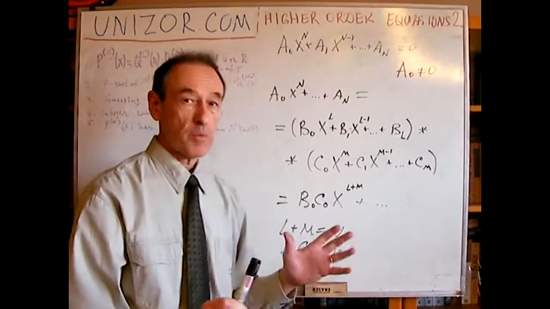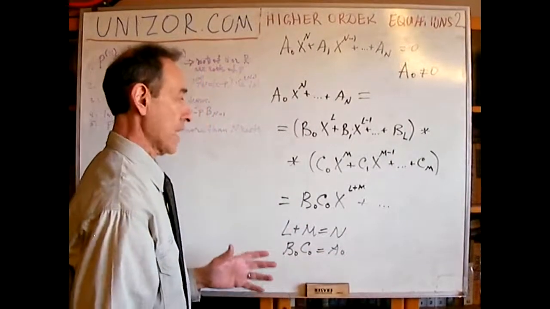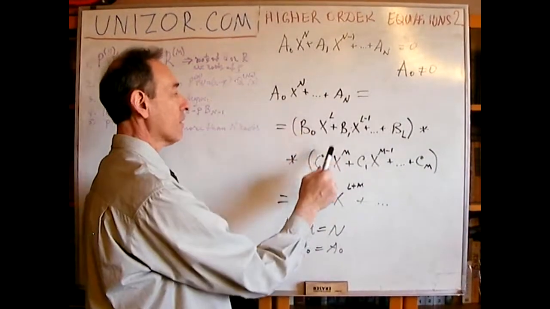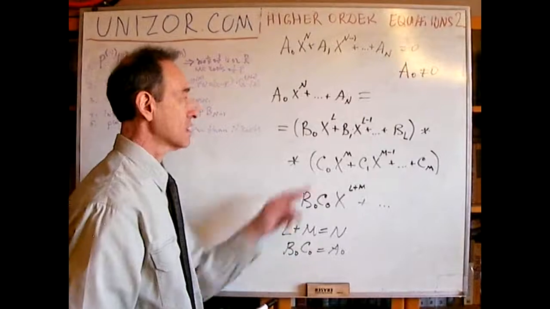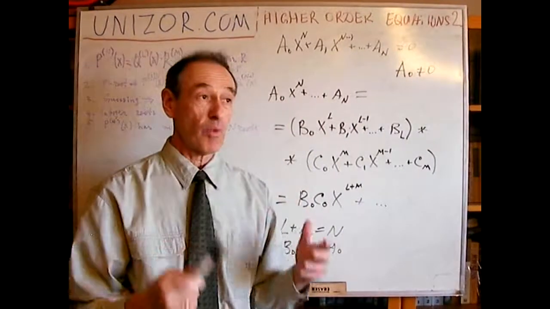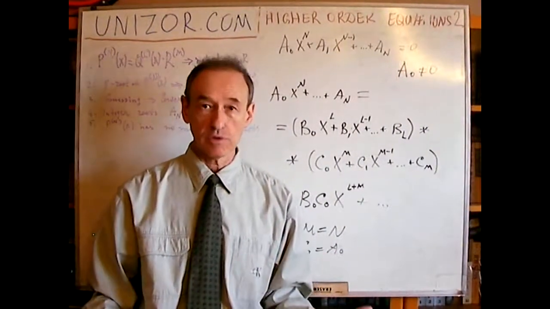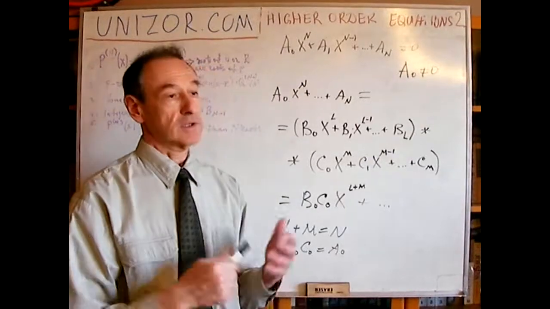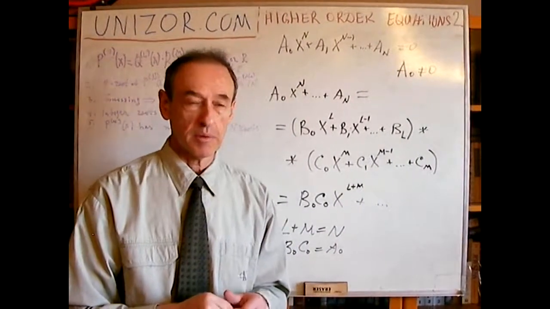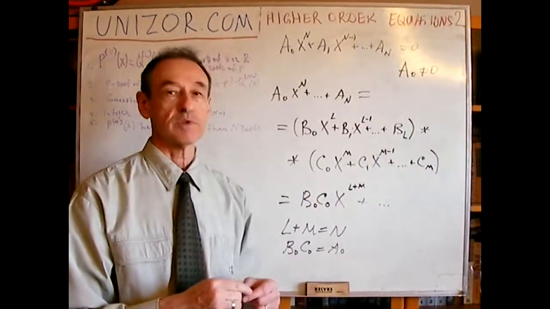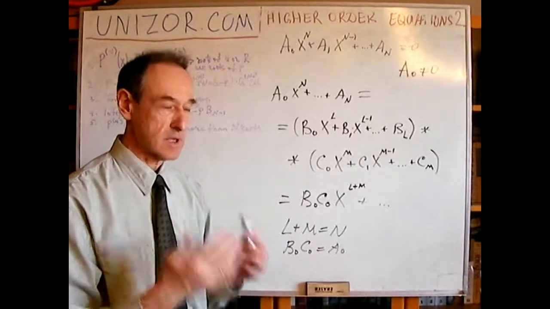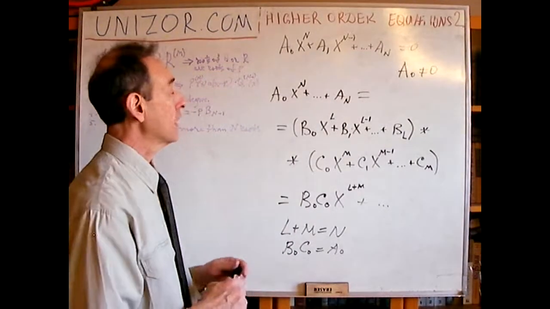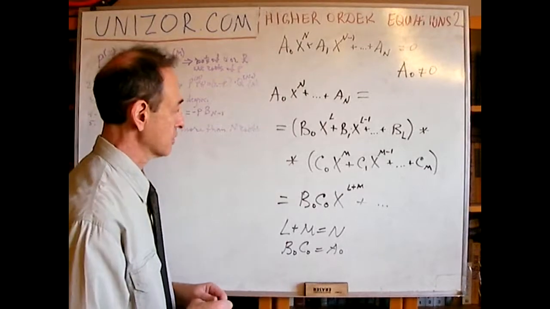Okay, so number one, the observation which we made is that the power of any one of those is smaller than n. Well, smaller power means easier to solve, right? Well, at least that's what people think. The lower the degree of the polynomial, the easier it is to find the solutions of the polynomial equation.